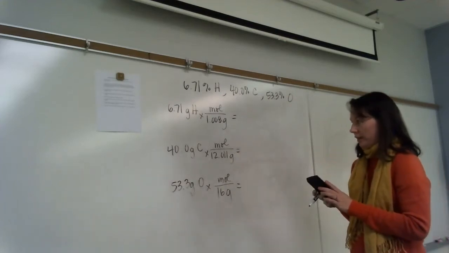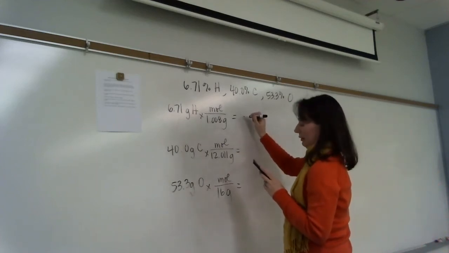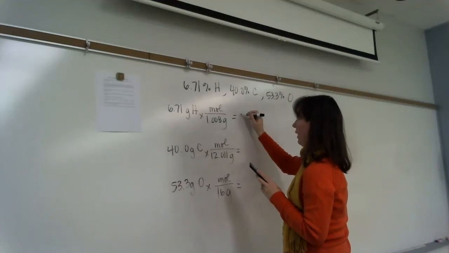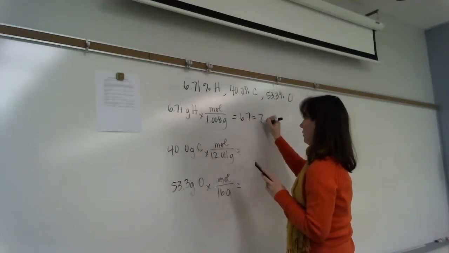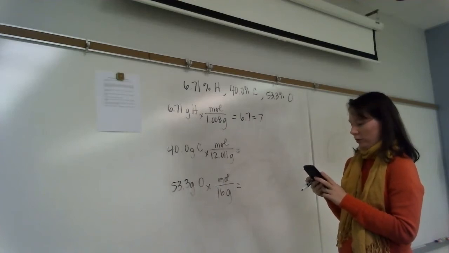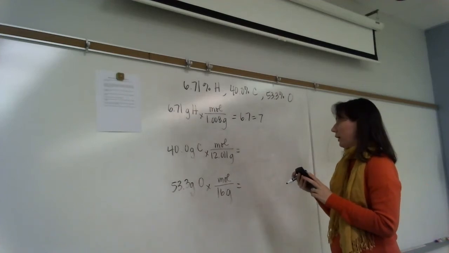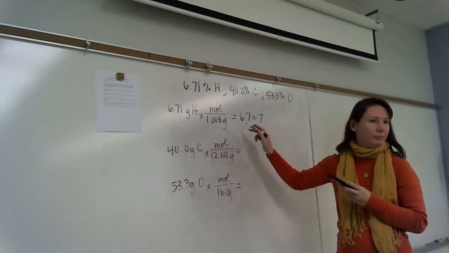All right, 6.71 divided by 1.008 gives me 6.7, which will round up. Make sure I type that in, right? 6.71 divided by 1.008. Yep, 6.7. Okay, so we'll round that up because there's no rule for 0.7, right?